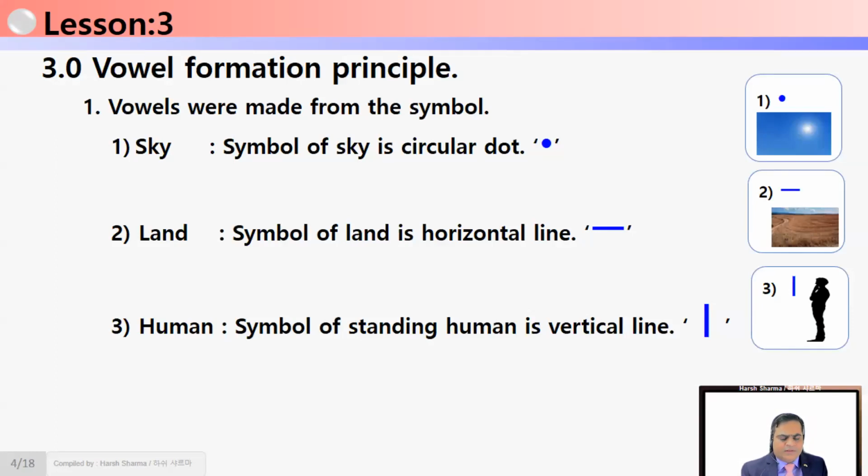We have already checked in the previous lesson that all the vowels of the Korean language are made by just using 3 symbols: the symbol of sky, a circular dot; the symbol of land, a horizontal line; and the symbol of a standing human, that is a vertical line.